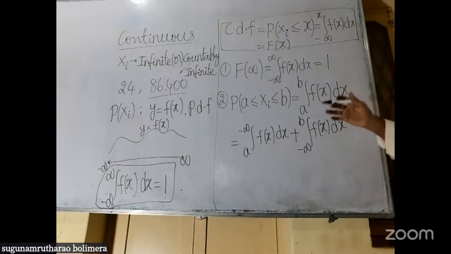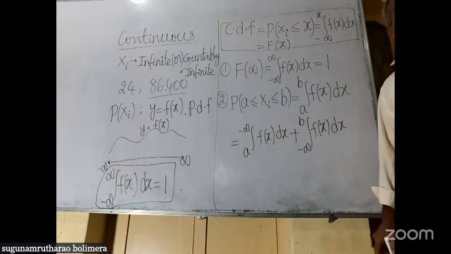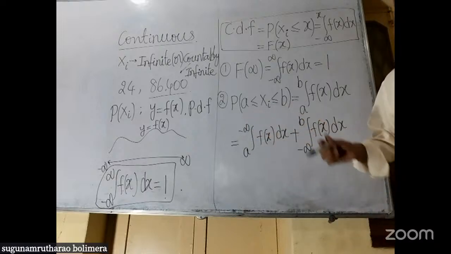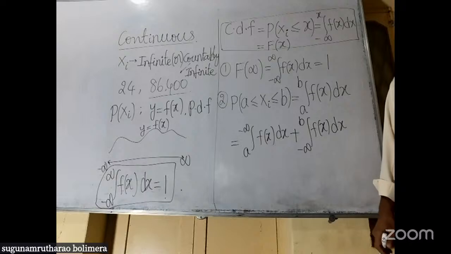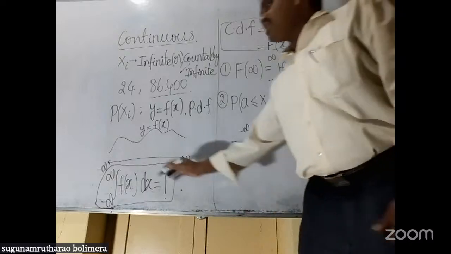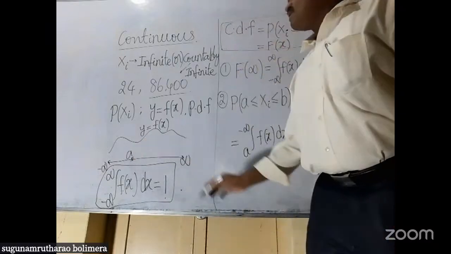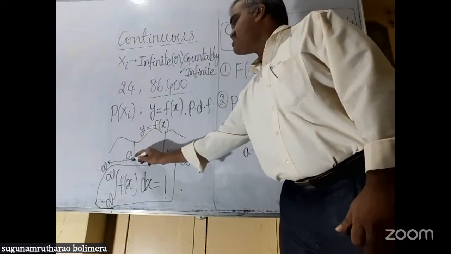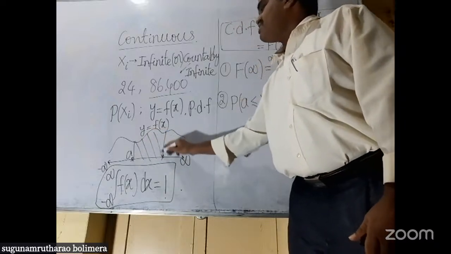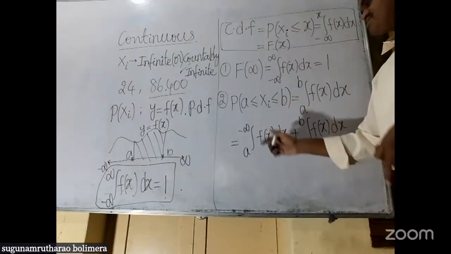Actually, you cannot utilize this like this, it is only possible for finite values. But I am writing it to get a formula related to this. So you are starting at minus infinity up to a, and this is up to b. So you may flip this.